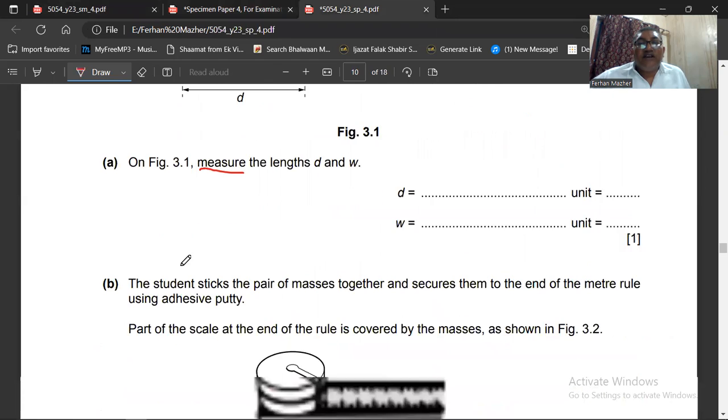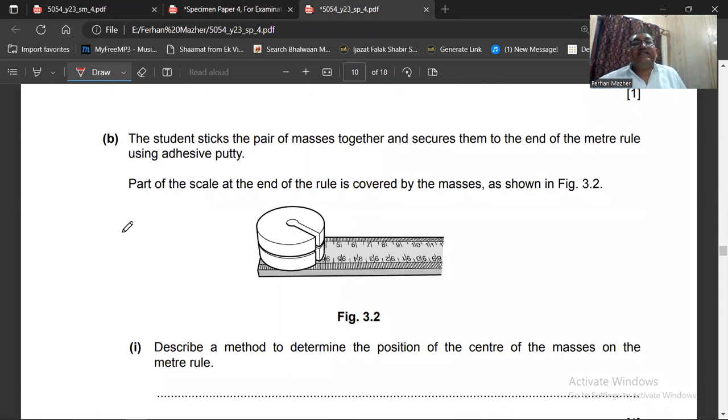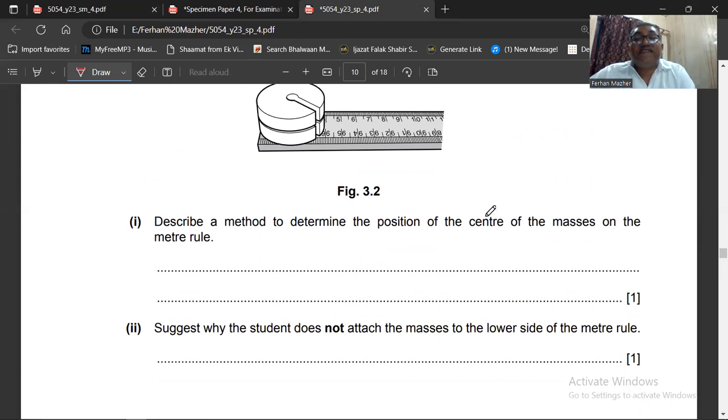Okay. Then we have, he says the student sticks the pair of the matches together and secures them to the end of the meter rule by using an adhesive putty. Part of the scale at the end of the rule is covered by the masses as shown in the figure 3.1. Describe a method to determine the position of the center of the mass on the meter rule.